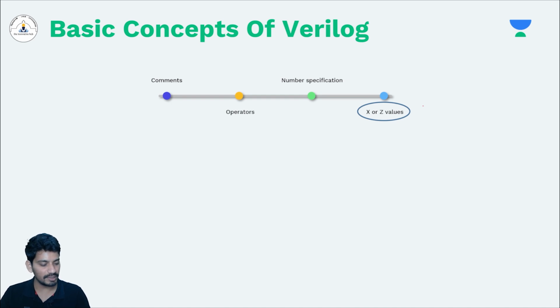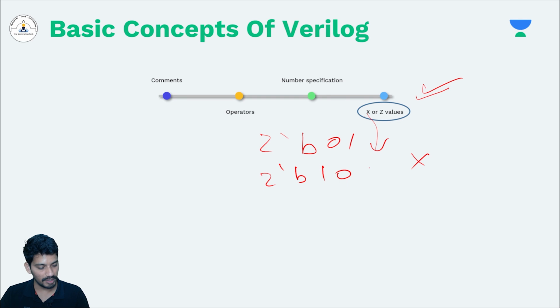Now let's see what these x and z values are and why they are important. We already defined different binary values like 2 tick 01, 2 tick 10, like this. But in some cases, you want them to be don't cares. In that case, you can use x.